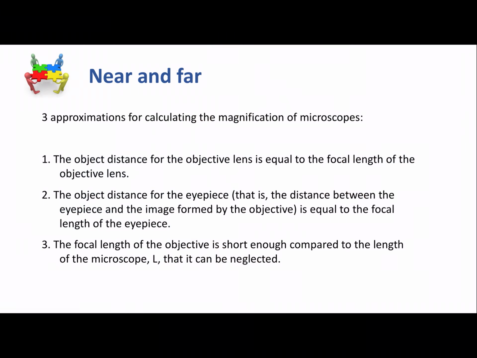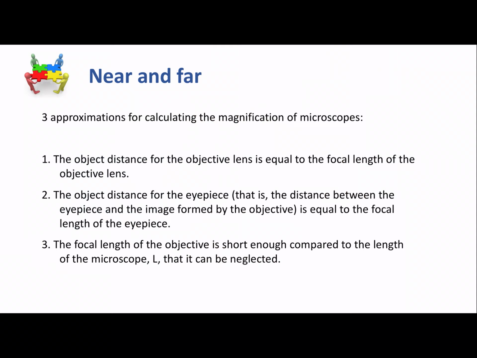And if I want to calculate or come up with an expression for the magnification of a microscope, I've got to make some simplifying assumptions. You can kind of see these in the diagram. The nature of them isn't that important. There's certain things you ignore. For instance, you ignore the focal length of the objective lens. It's small enough that we don't care about it.